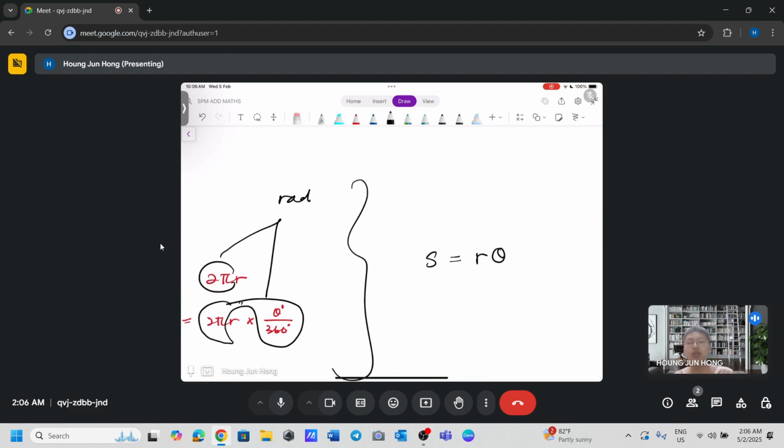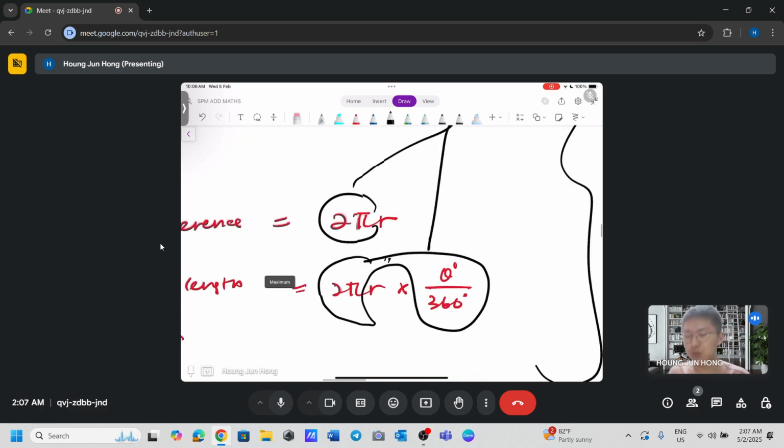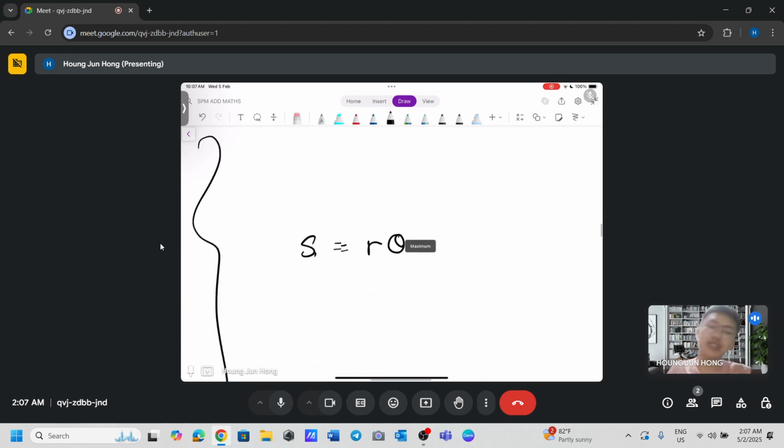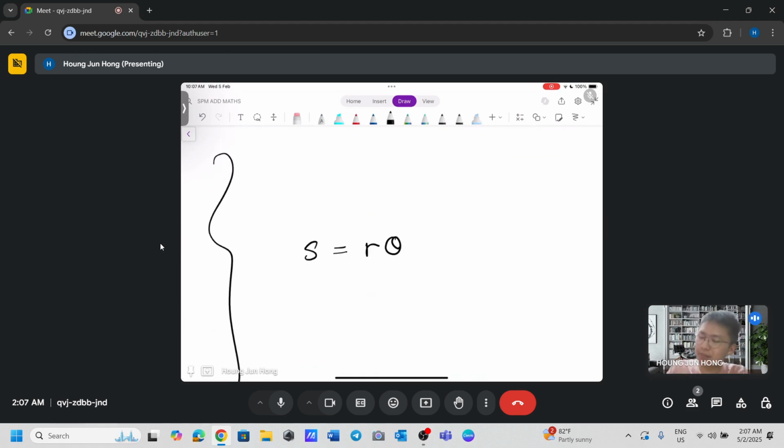That is the new formula you are going to use. From now on, for every circular question, you will never use the formula of 2 pi r again. You will just use S equals r theta. It's very simple: radius times radian.